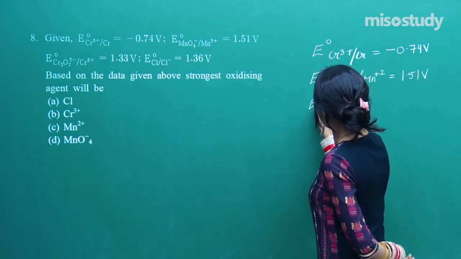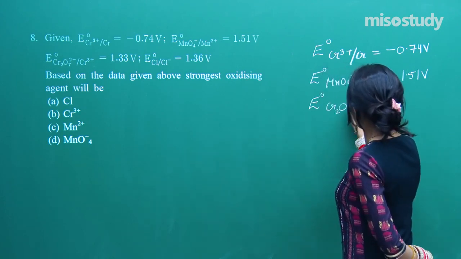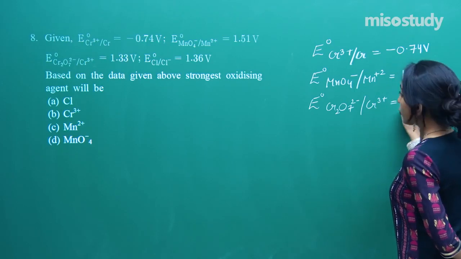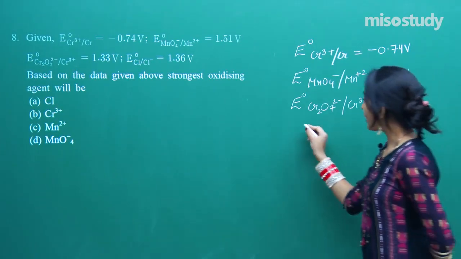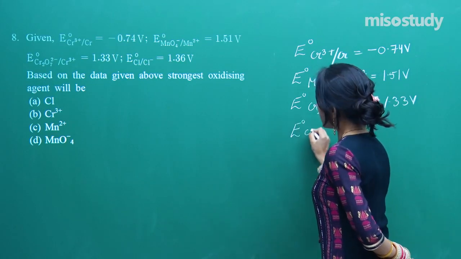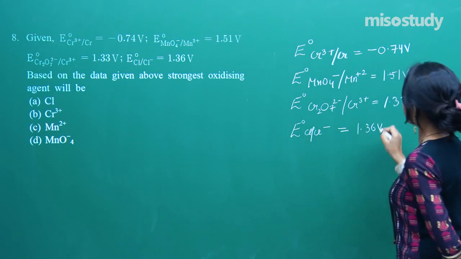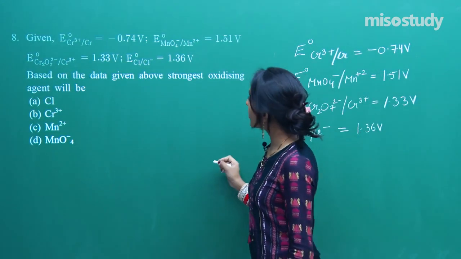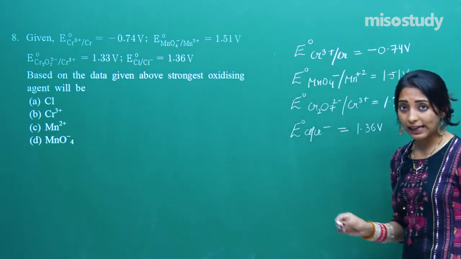Next is E naught of Cr2O7 2 minus to form Cr3 plus, which is given to be 1.33 volts. And E naught of Cl to Cl minus is 1.36 volt. Okay. And he is saying, based on the data given above, the strongest oxidizing agent.